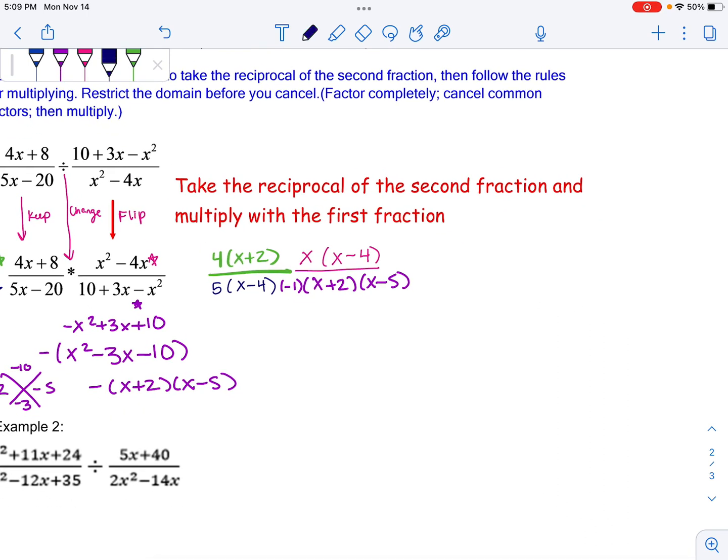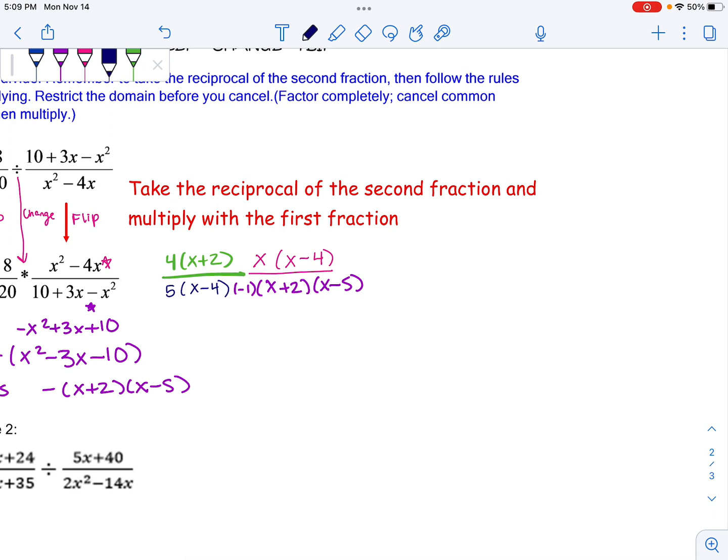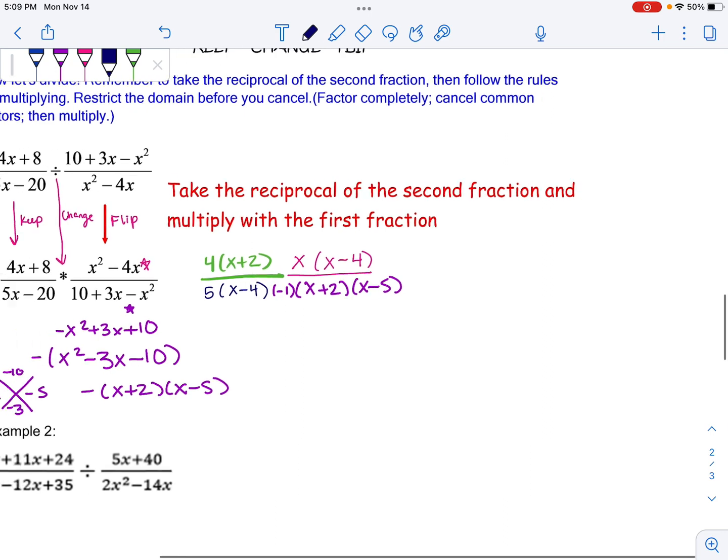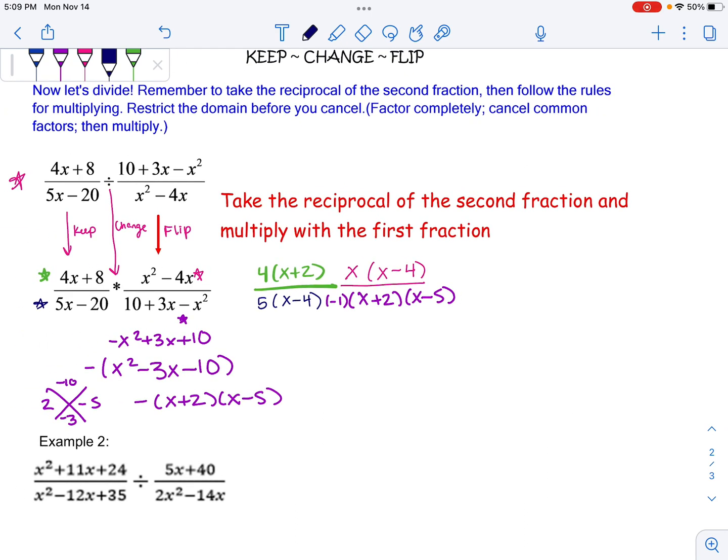Now, before I go ahead and simplify this, I want to first find those excluded values. Now, excluded values, or the domain restrictions for a division problem, let's think about it for a second. We know that a fraction, right, 1 over 2, that's really saying 1 divided by 2, right?